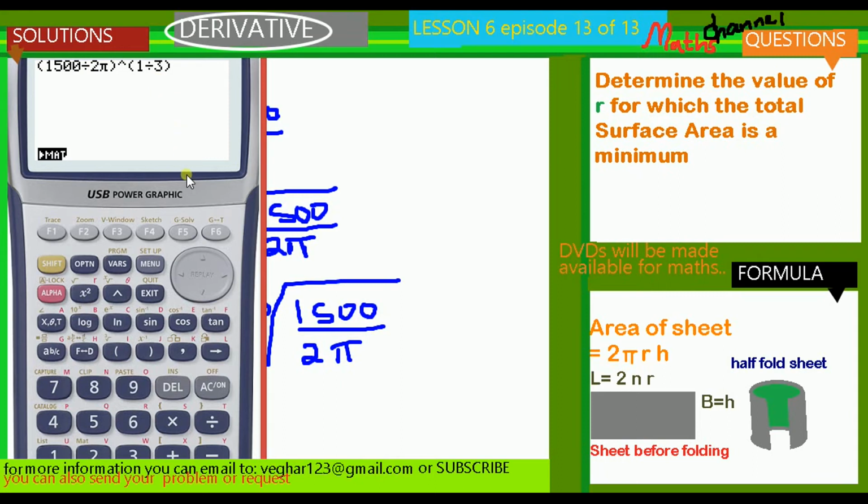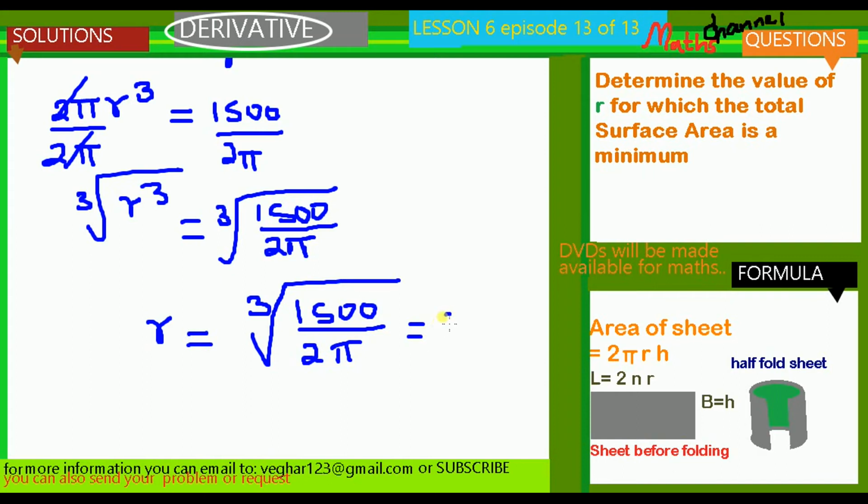So you hit it like this. So the answer is 6.20. So this is the answer for r.